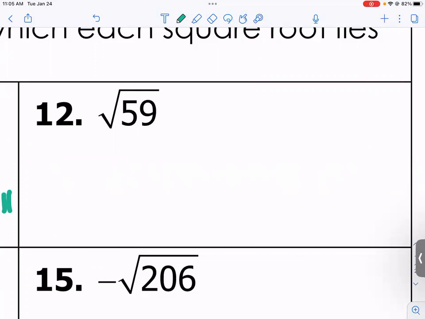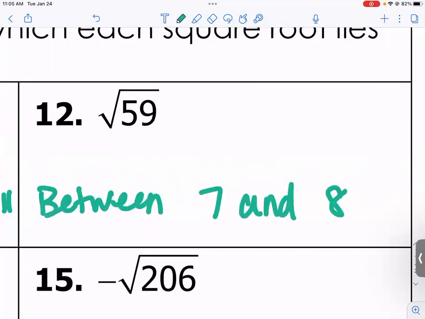Jada, the square root of 59 is between what two numbers? Tyler, why is it between 7 and 8?